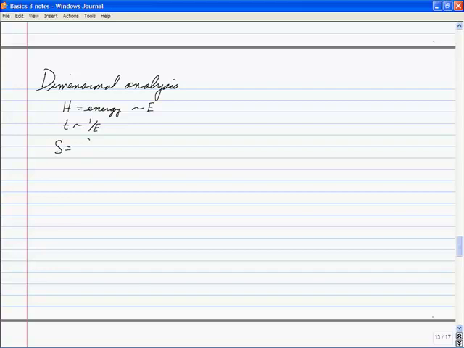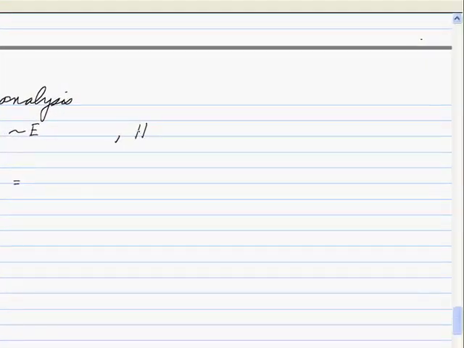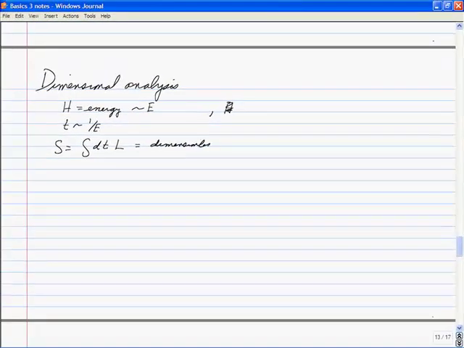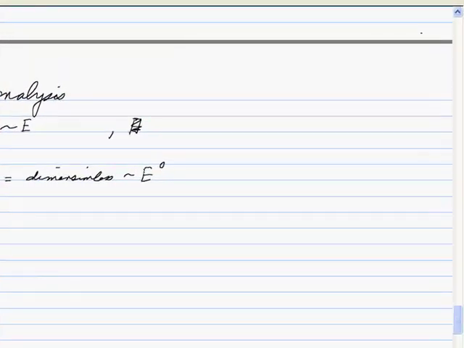And the action, which is the integral dt of the Lagrangian, okay, Hamiltonian and Lagrangian carry the same units, is dimensionless. So E to the 0, which is good.